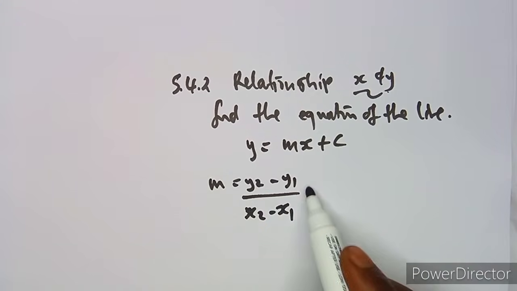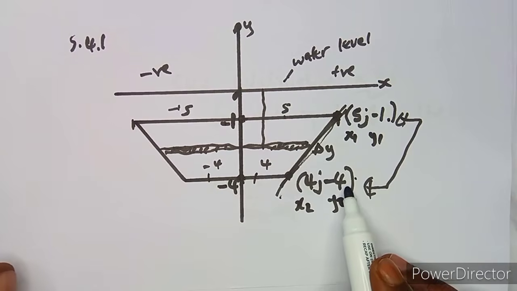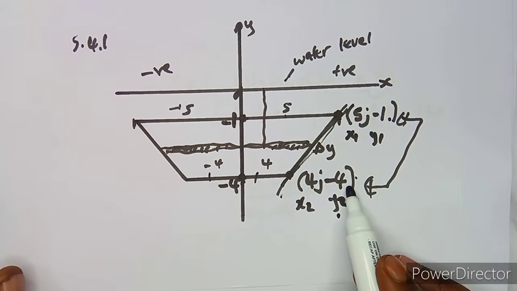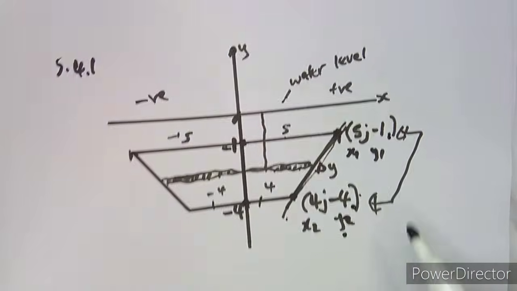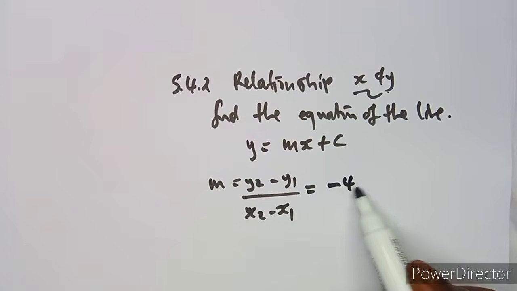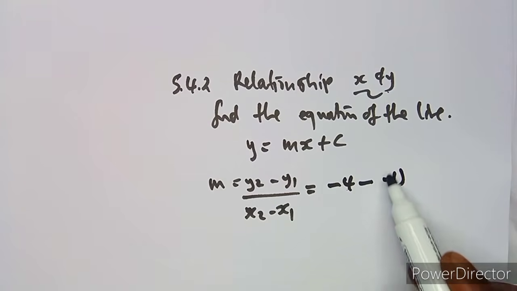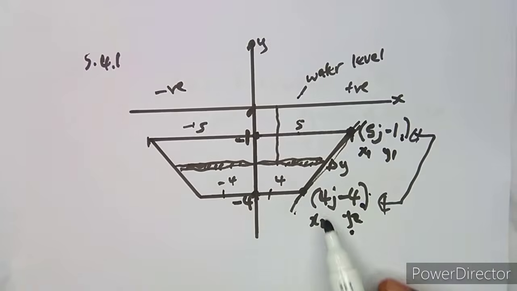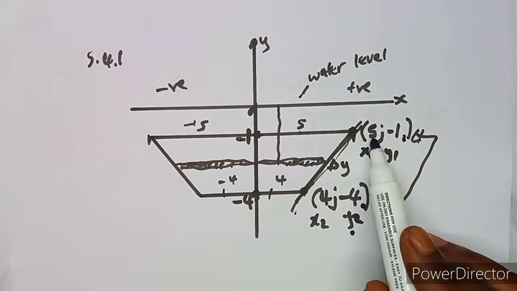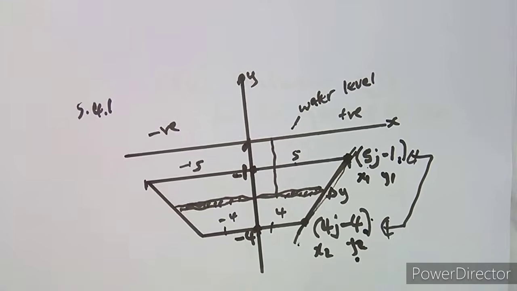and this is supposed to be used from your N3 mathematics. So your y2 is minus 4, that's y2 minus 4, y1 is minus 1, so it's minus 4 minus y1, and y1 is minus 1, so it's supposed to be negative there. And our x2 is 4 and our x1 is 5, that's 4 minus 5.